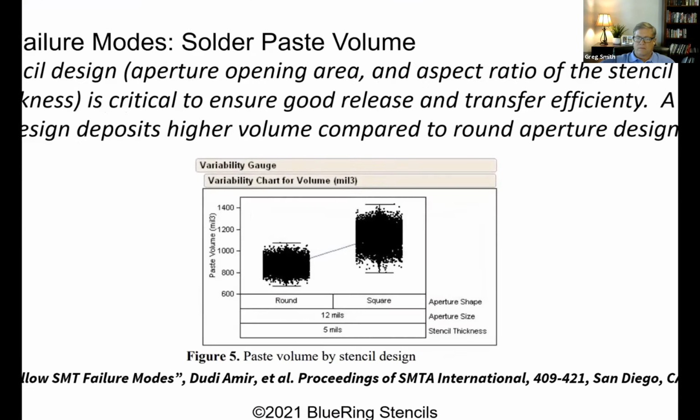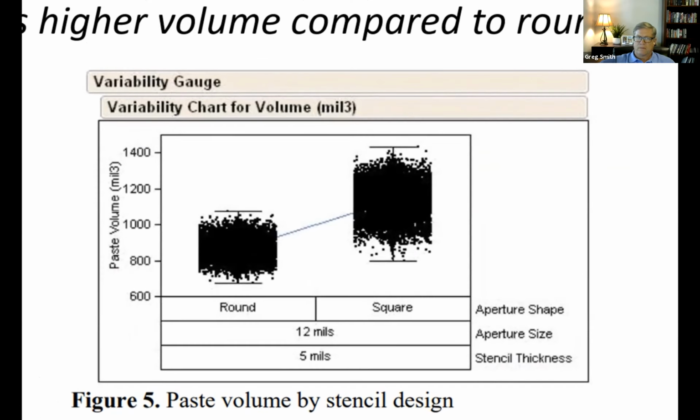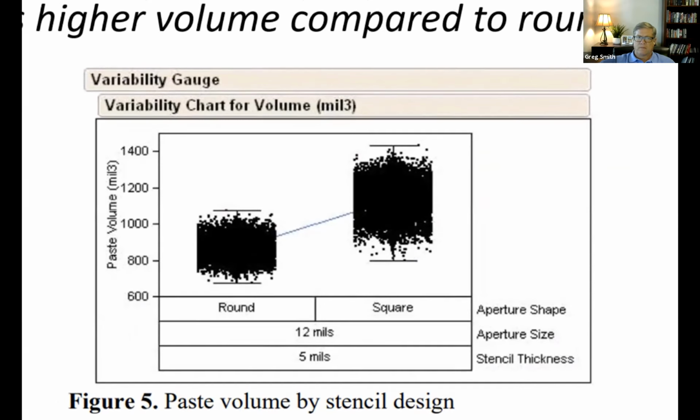One way to gain more volume without narrowing the gap between apertures is to use square apertures when printing BGAs. You can see in figure 5, shown here, when looking at the volume of cubic mils deposit.